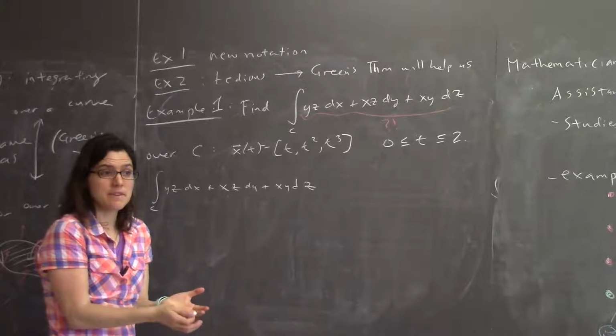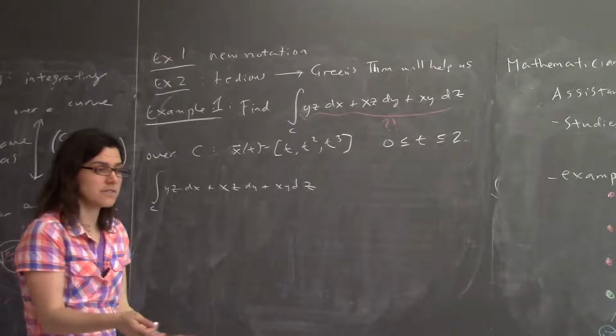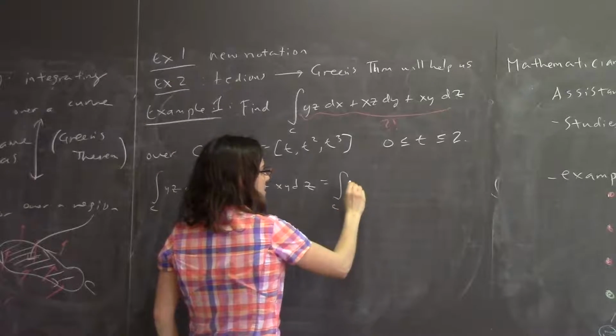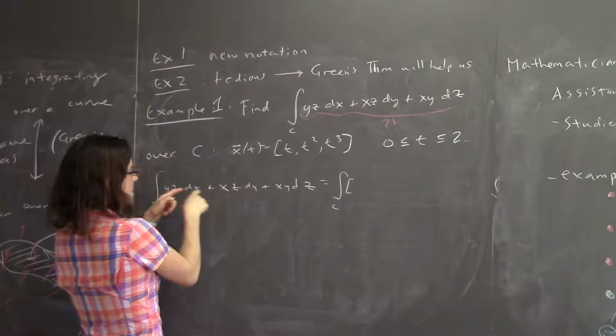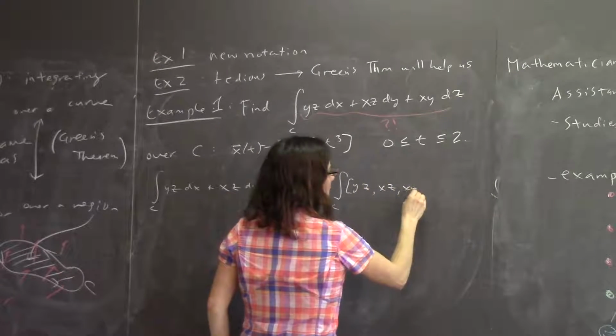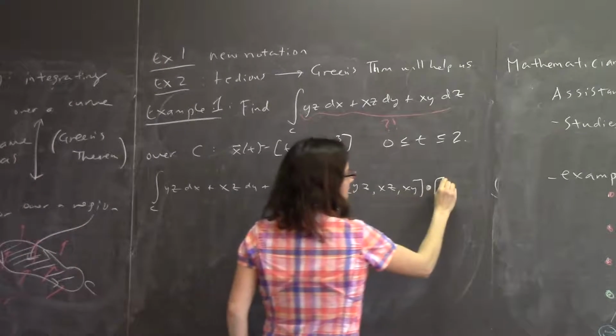Anytime you see something of that form, you think, yeah, dot product. So this is the integral over C of the vector yz, xz, xy, dot product dx, dy, dz.